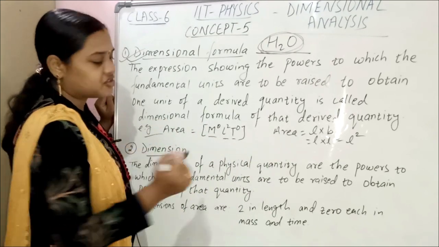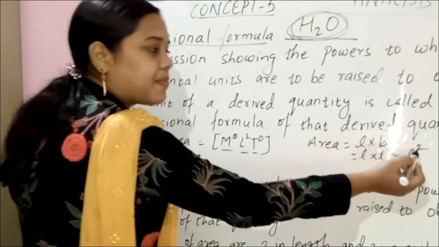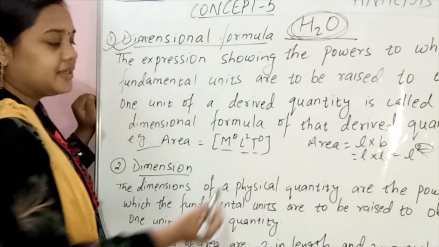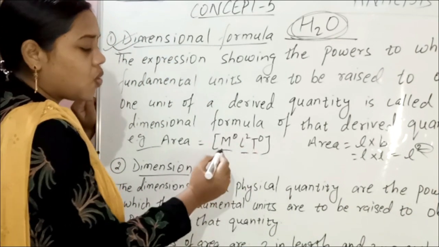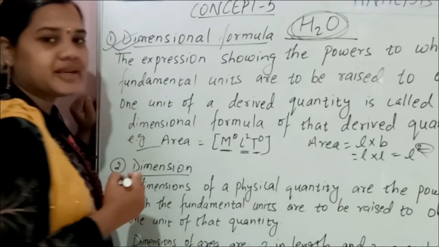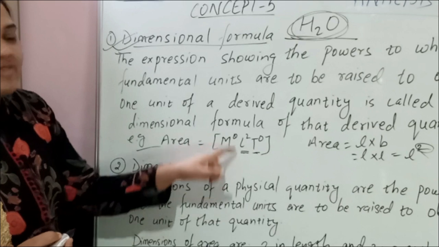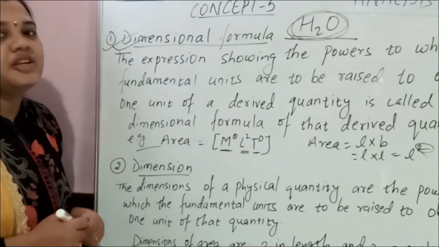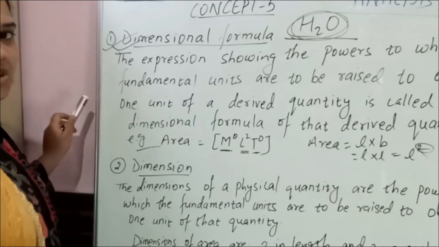Time is also not there, so time power also 0. But length is there, and its power is 2. That's why L is raised with power 2. In area only length is present with power 2. The remaining 2 have 0 power.